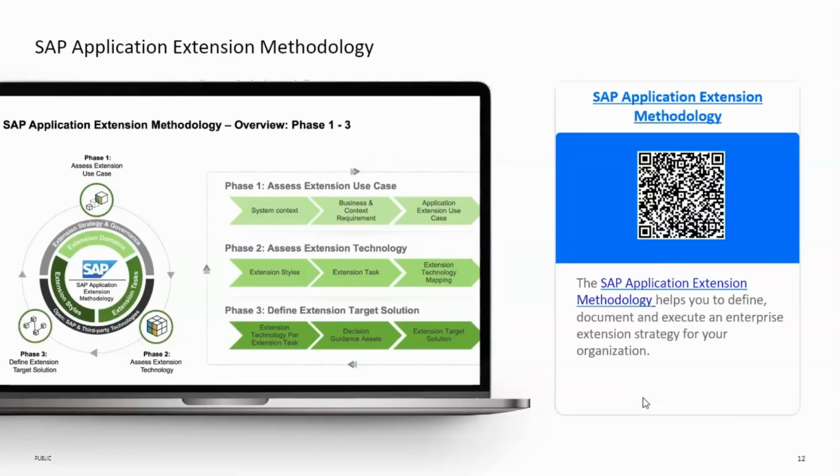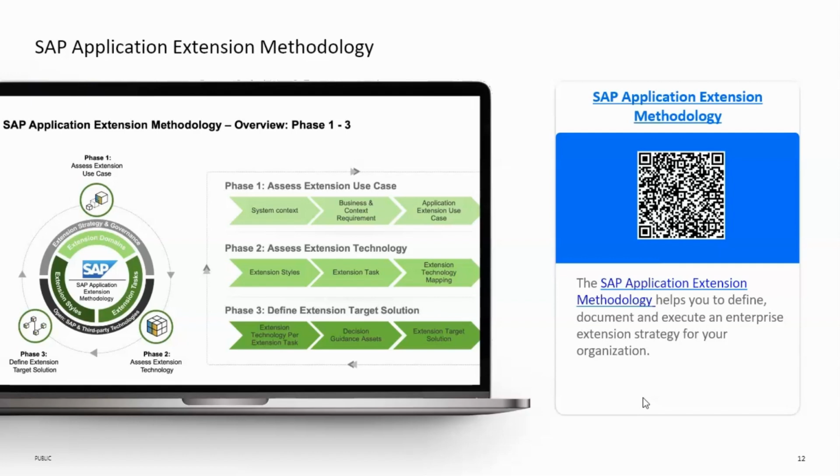Now, the SAP application extension methodology has 3 phases. The first is to assess extension use cases: the system context, the business context and requirements, and the application extension use case.